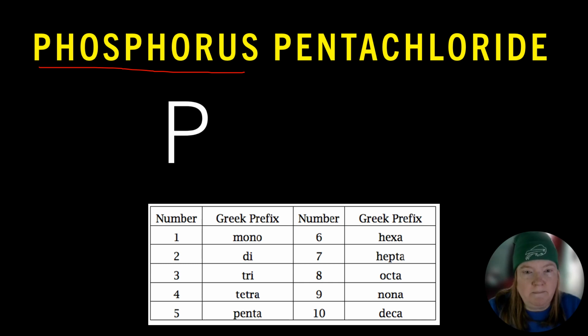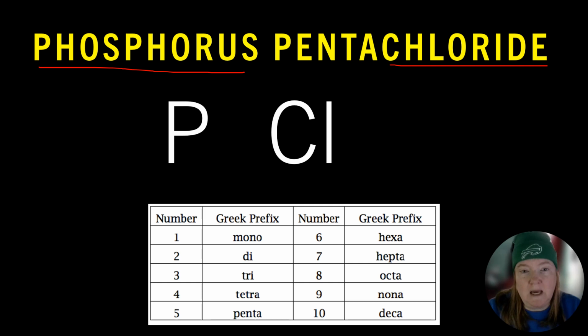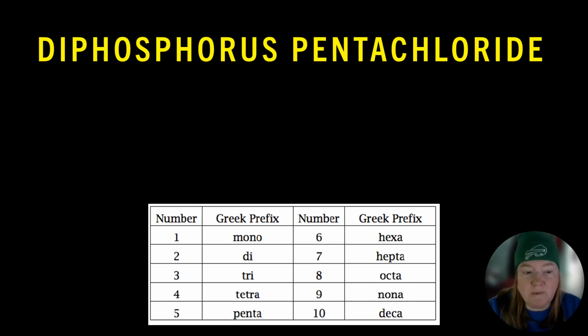Let's try another one. Phosphorus is what? P. Chloride is what? Cl. There's no number here. There's no prefix, right? So I leave it alone. And penta is 5. Okay. Try this one.